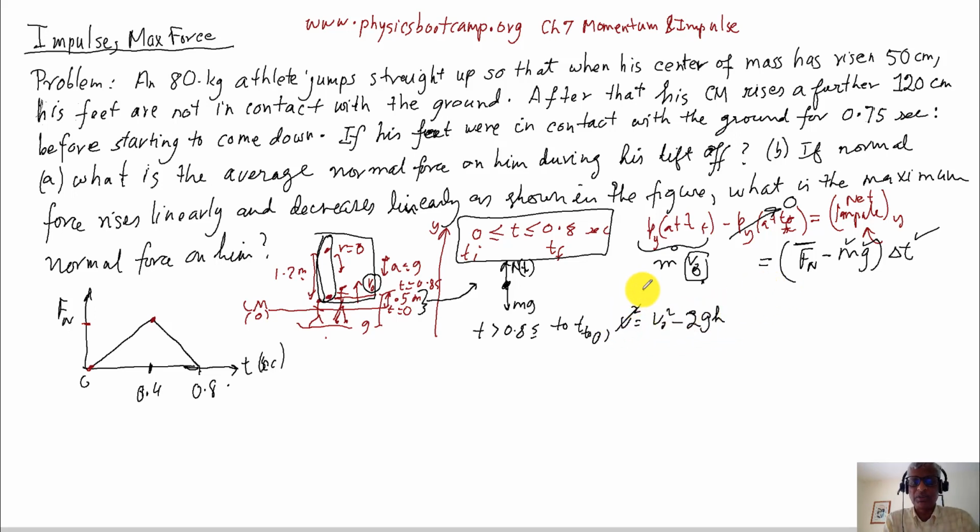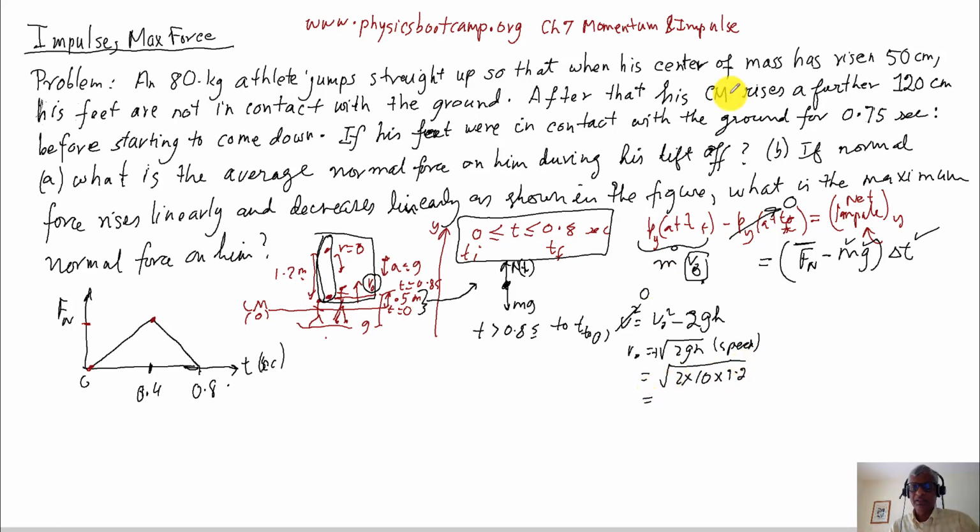So v is 0, and v0 is actually the square root of 2gh. Positive, because we just take the speed, and that's going to be the square root of 2 times 10 times h. h is 1.2 meters.